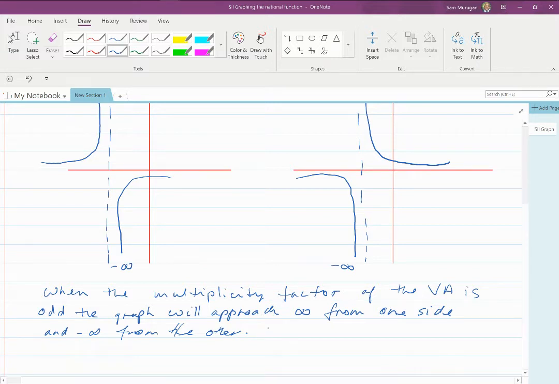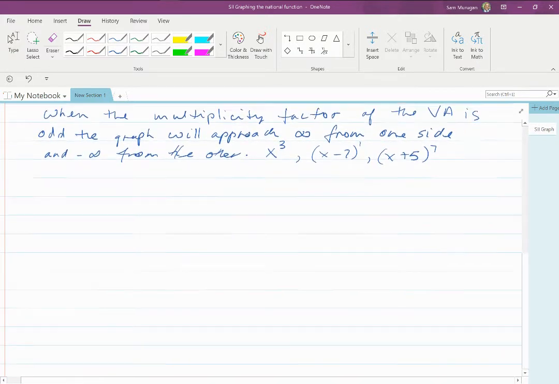We will have to do a little test when we graph to determine which side is approaching negative infinity and which is approaching positive infinity. So these are anything like, say, x cubed or x minus 7 to the power 1, or x plus 5 to the power 7. Anything that has an odd factor for the vertical asymptote will cause the infinities to alternate. One would go to negative infinity, one would go to positive infinity.